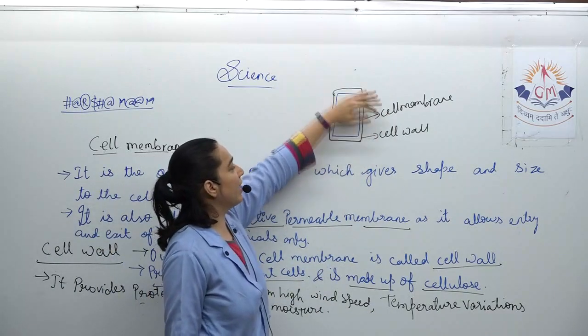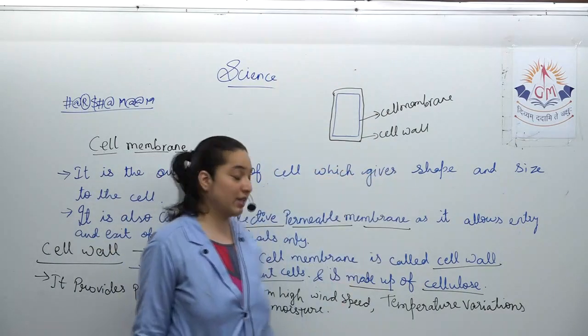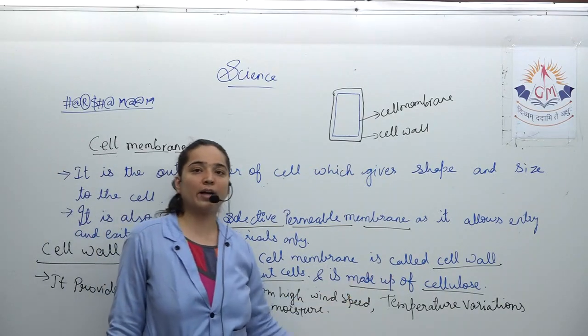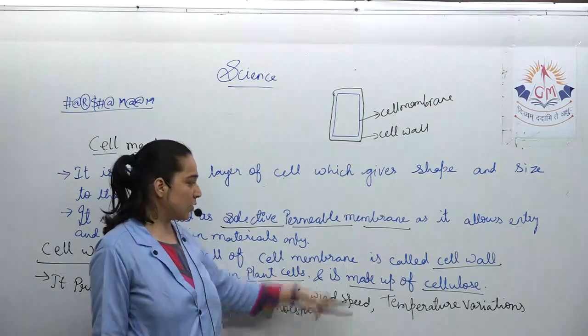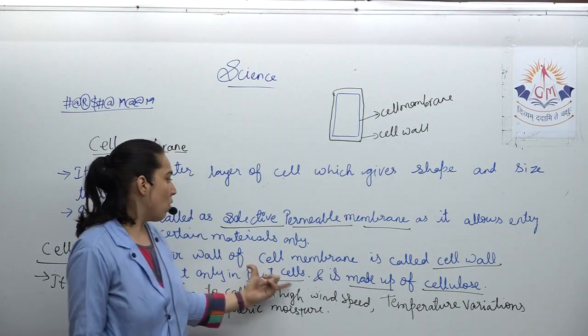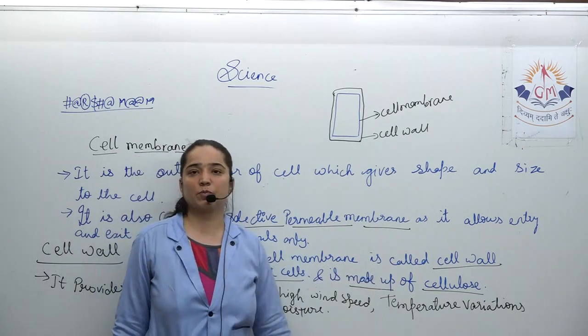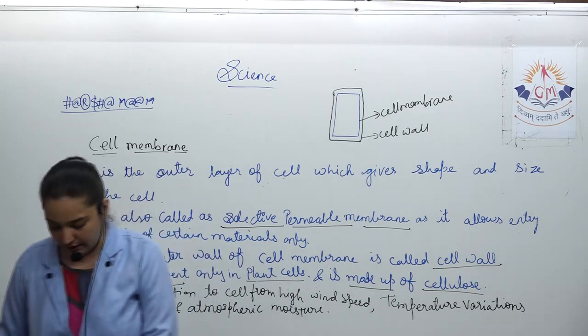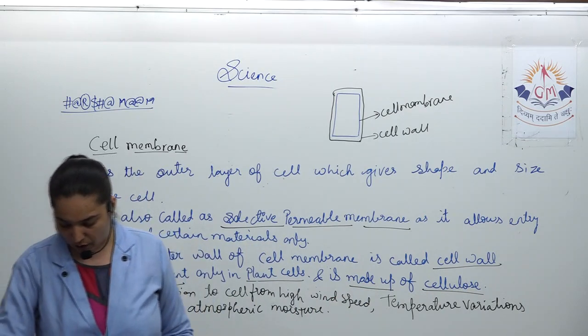This is cell membrane and beyond it you have cell wall. Why is it there? It will provide protection against high wind speed, temperature variations and atmospheric moisture. What is the cell wall made up of? It is made up of cellulose. So this is about the cell membrane which we talked about.